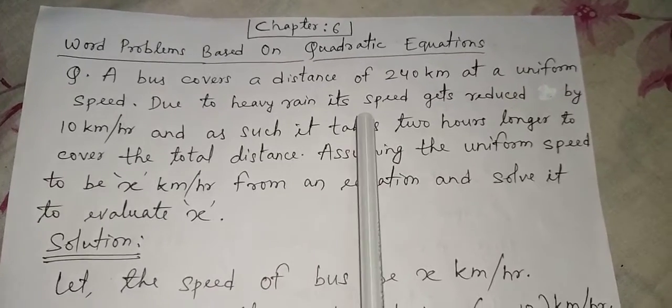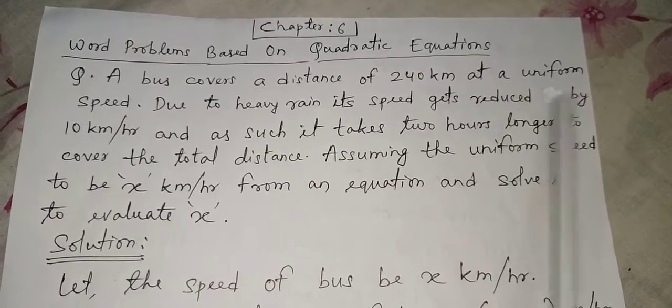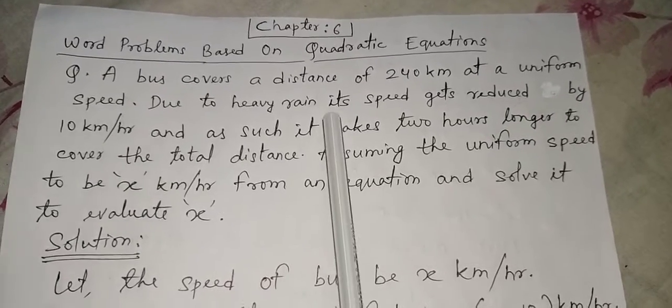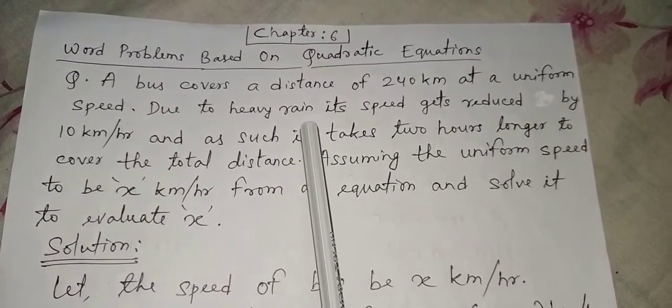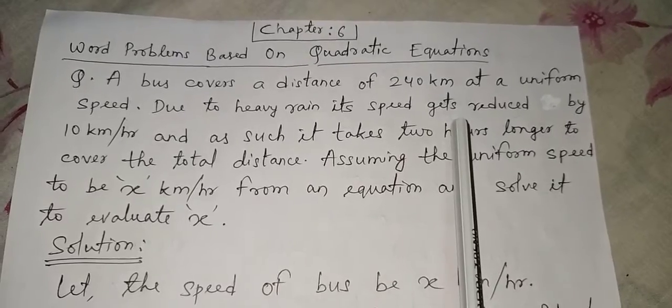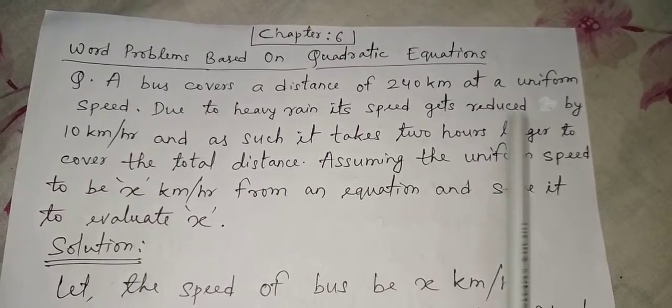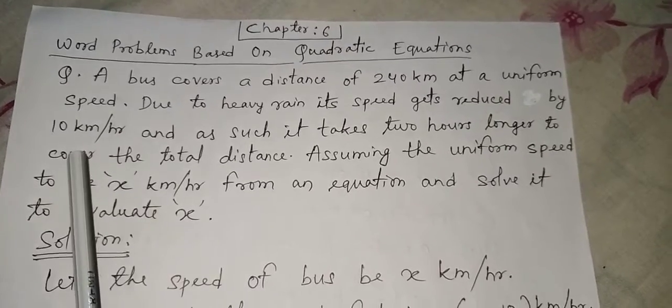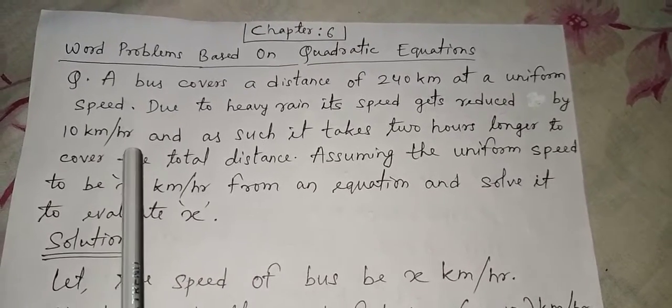Due to heavy rain, its speed gets reduced by 10 km per hour. So there was heavy rain, and due to that, whatever was the speed of the bus, the bus reduced its speed by 10 km per hour.